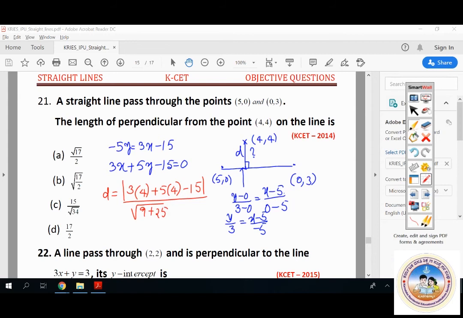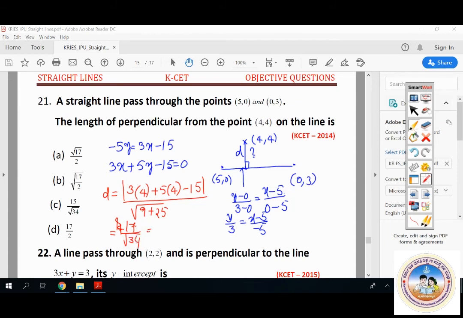So on top we have 12 plus 20, so 32, right? 32 minus 15 is going to be minus 17 under the mod. So let us make this plus 17, divided by root 34. 17 divided by root 34.